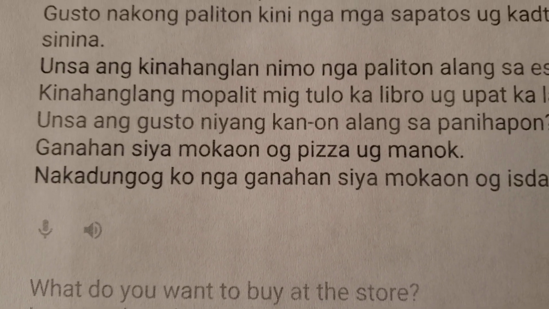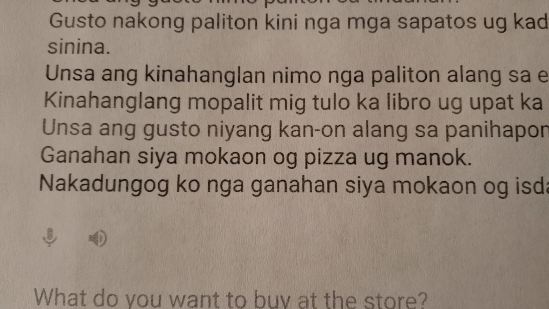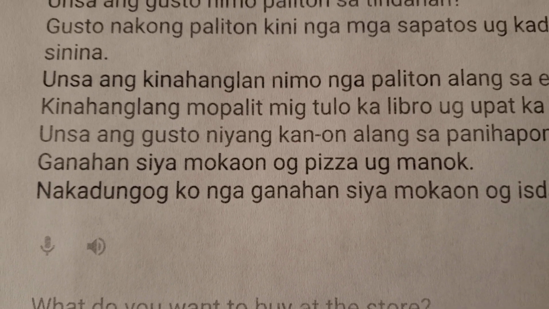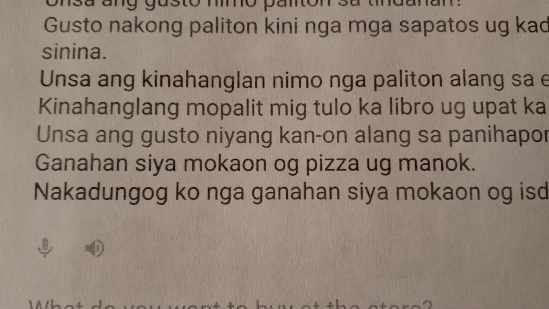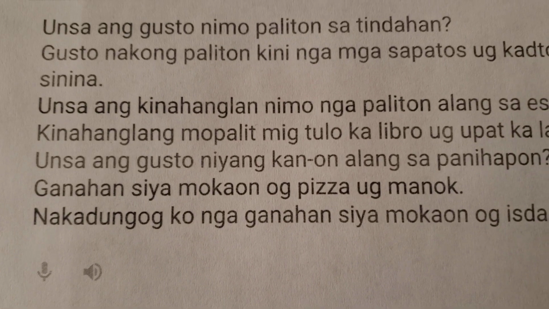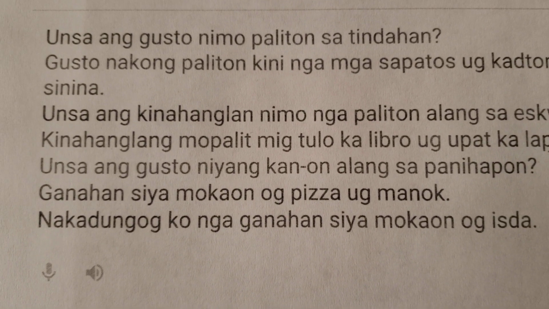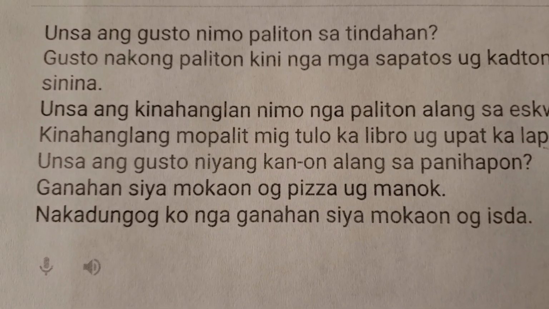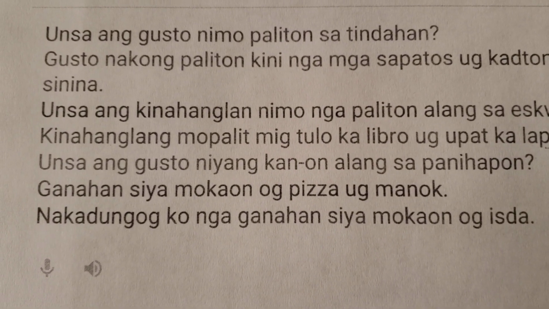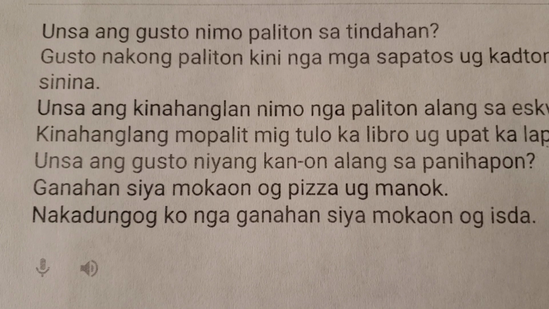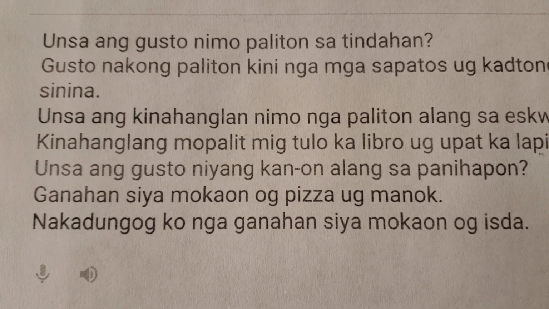The root word for to hear is dungog. So nakadungog means I was able, I had the opportunity. And ko is I. I heard. I was able to hear, or I had the opportunity to hear something.